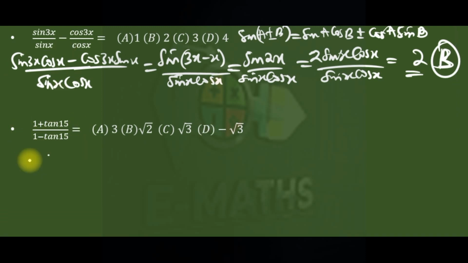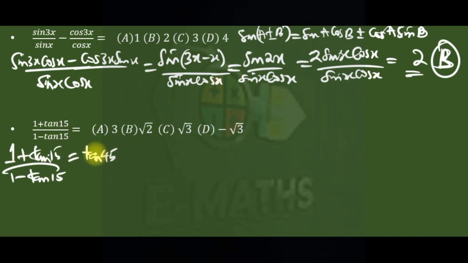Coming to the second question, we are given this and we're asked to find the answer. That's 1 plus tan 15 over 1 minus tan 15. We are not using a calculator, so we need to be logical here. I'm saying that we can write 1 as tan 45, because I'm seeing tan.